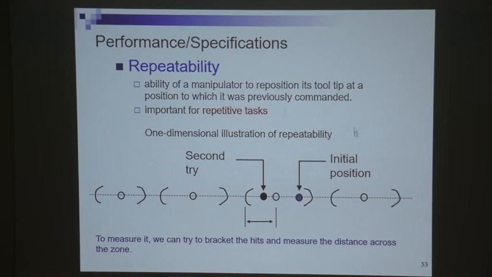For example, in this case, this is the point you're supposed to reach, this is your initial position, and this is your second try, and so on. When you want to measure the repeatability, you can try to blanket the hits, see how many hits are within the blanket, and measure the distance across the zone. This defines your repeatability.